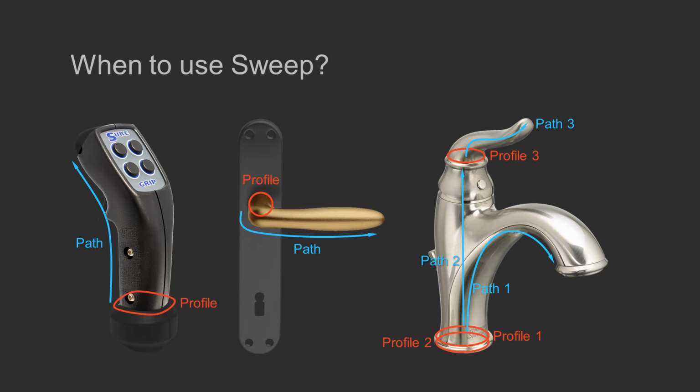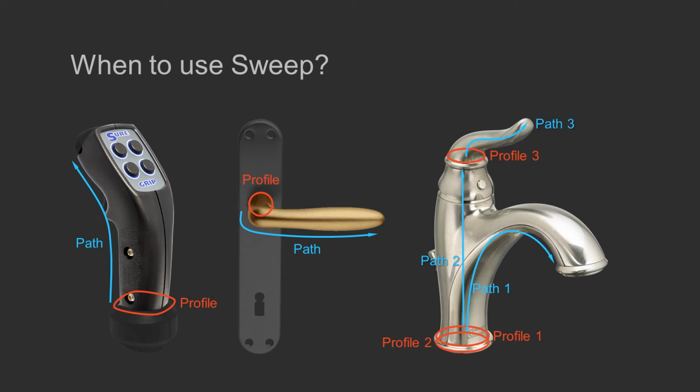The faucet on the far right would probably use 3 different sweeps, one for the spout, which would be profile 1 and path 1. The valve base that extends upward would be the second sweep, path 2, using profile 2. And then the actual handle on top would be an additional sweep using profile 3 and path 3 to create that.